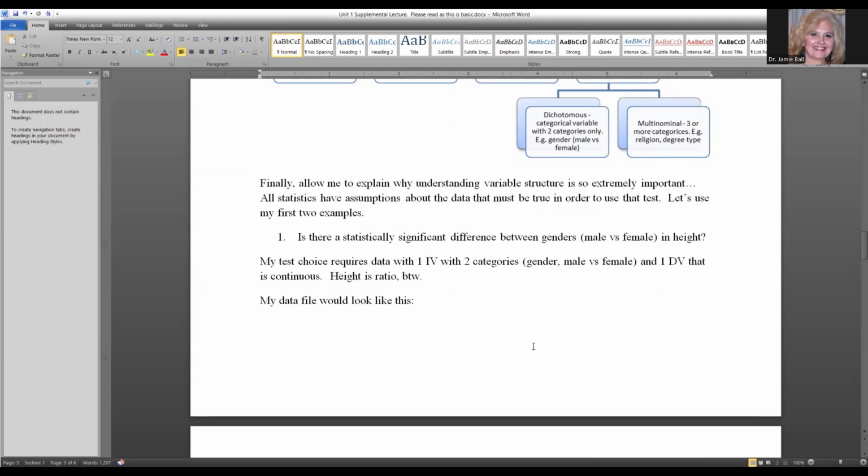So, is there a statistically significant difference between genders, male and female, in height? It's between 2 groups. So, my test choice requires 1 independent variable, genders, with 2 categories, right? And it's between groups. And it requires 1 dependent variable that is continuous. It's height.